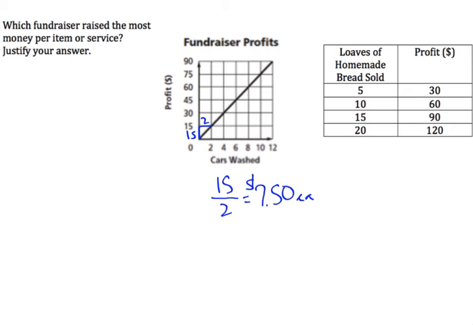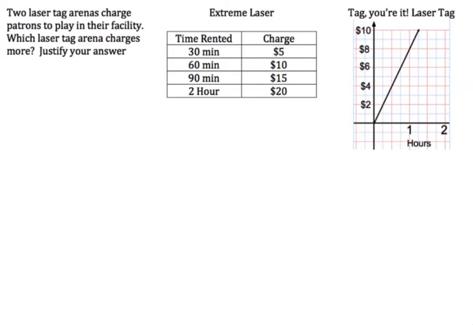And loaves of bread, 5 loaves of bread make $30. So that's $6 per loaf of bread, or $6 each. The one that makes the most per item is the car wash. So if you're going to try to raise money for something, car wash is probably better because bread takes a lot of time and effort and supplies to make.